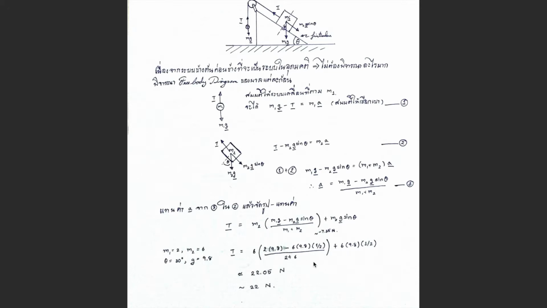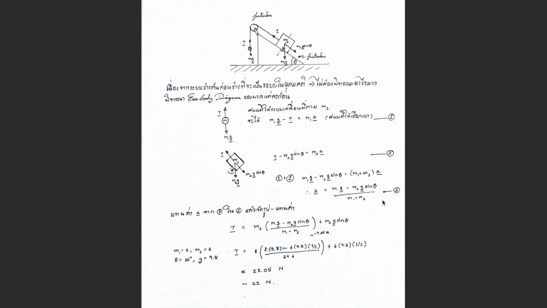I already made some calculations, and I see that the answer is really close. If we substitute g equal to 10, we'll get 22.5 Newton. But with the significant figures, which is actually just 1, but we'll use 2, so it's 22 Newton.